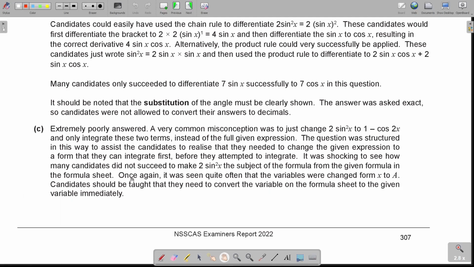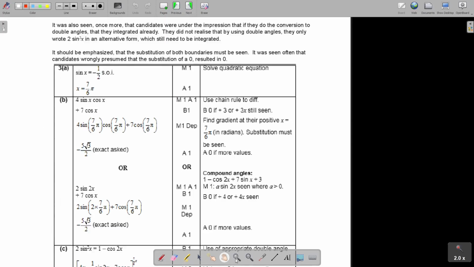It was shocking to see how many candidates did not succeed to make 2 sin squared the subject of the formula from the given formula in the formula sheet. Once again, it was seen quite often that the variables were changed from x to a. No, keep your question as the master. Okay, that's x. Candidates should be taught that they need to convert the variable on the formula sheet to the given variable immediately.